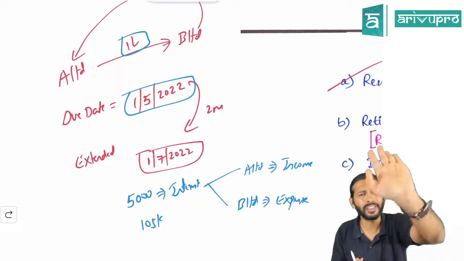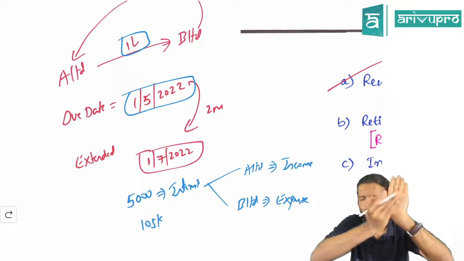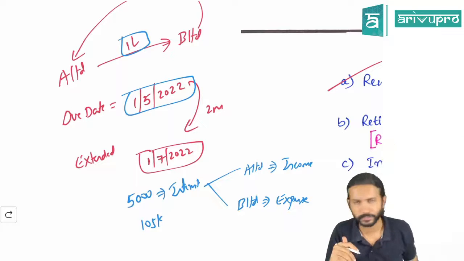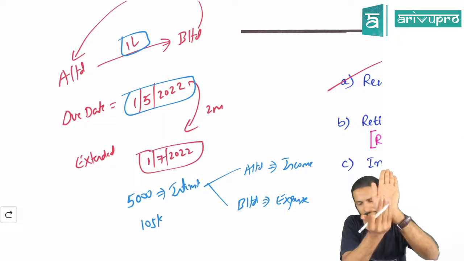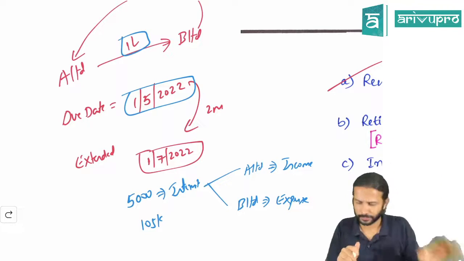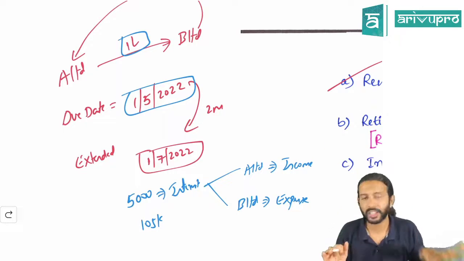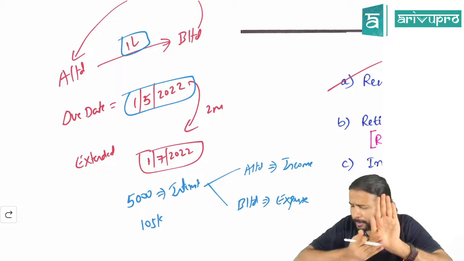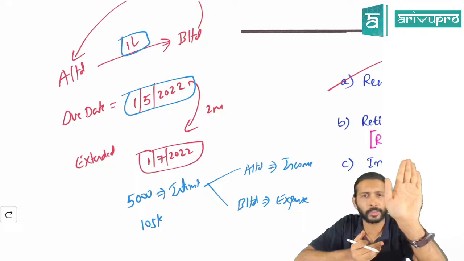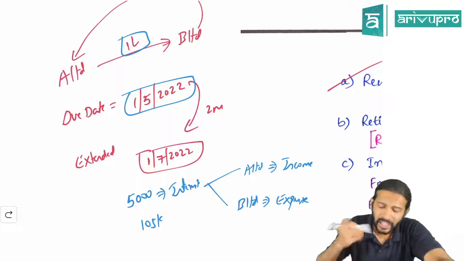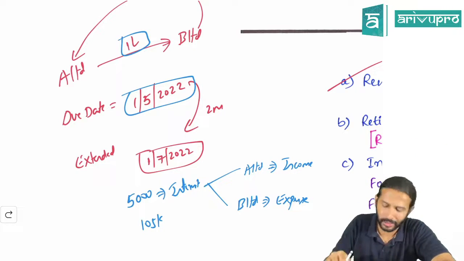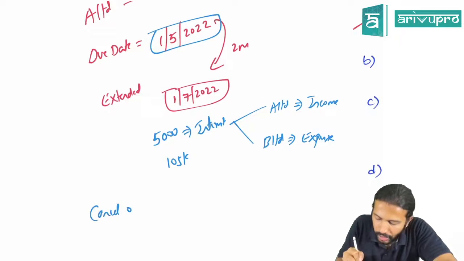Now you tell me, does the original bill receivable have any value, or has it become worthless? The terms have changed. Worthless. Hence, what you need to do in case of renewal of bill is cancel the old bill.